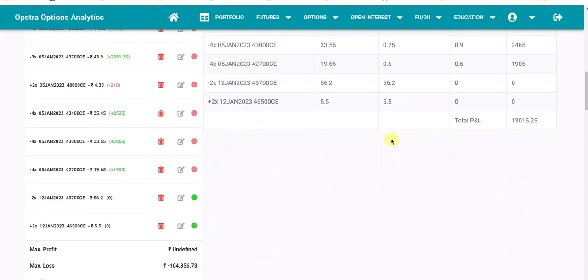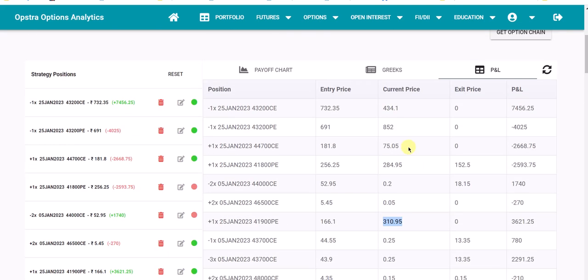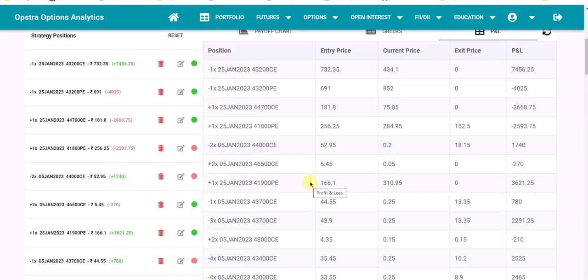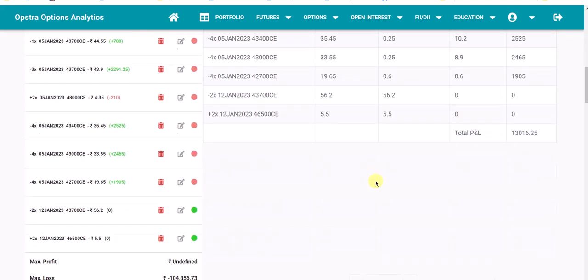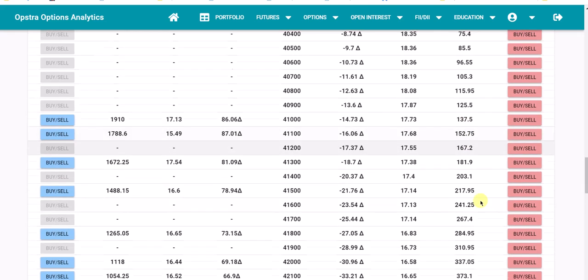Now we have to buy legs here, sell legs, and let's see if we have any intrinsic, or if we can bring the CE closer. So 75, 310, right?